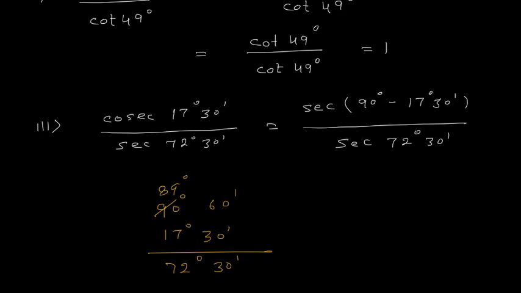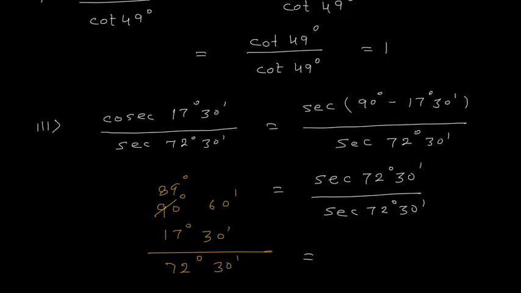So here we will get this numerator as sec of 72 degree 30 minute, and denominator will be also sec 72 degree 30 minute.